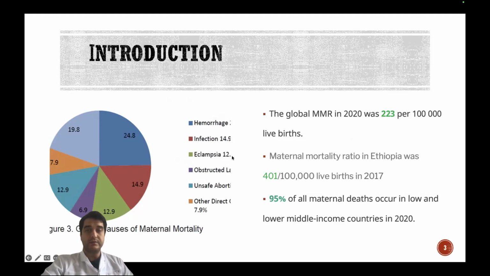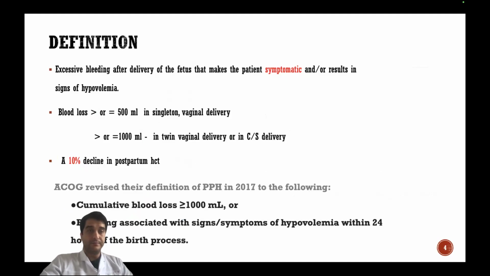The maternal mortality ratio in Ethiopia was 401 per 100,000 live births in 2017. 95% of all maternal deaths occur in low and lower middle income countries in 2020. As you can see, hemorrhage accounts for 24.8% of all maternal mortality worldwide.